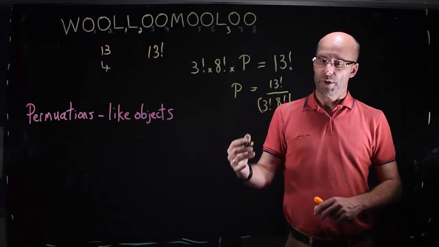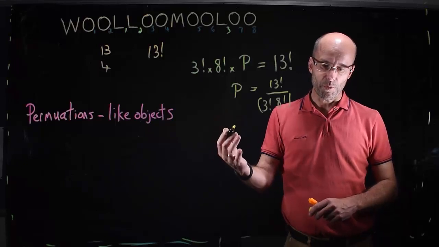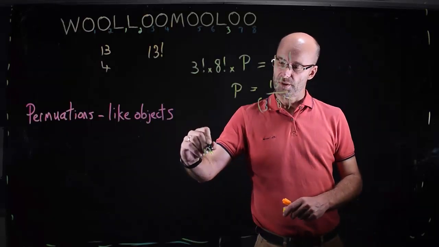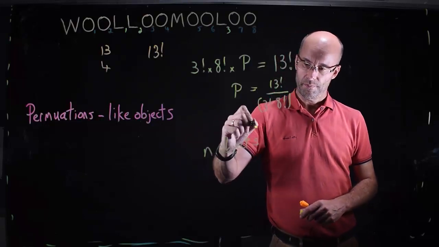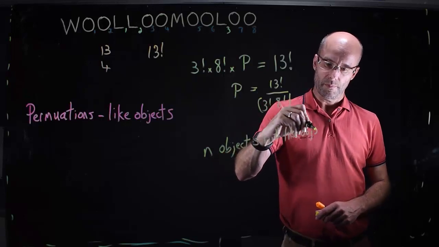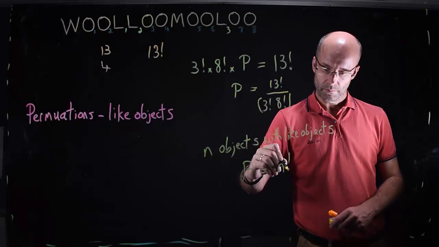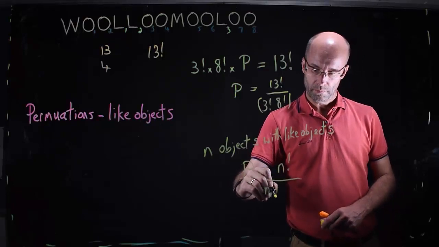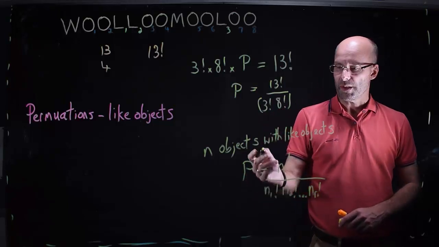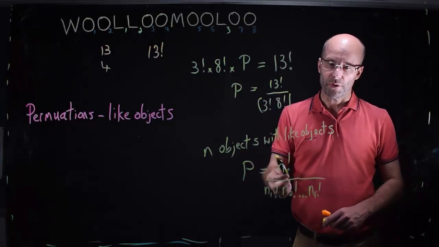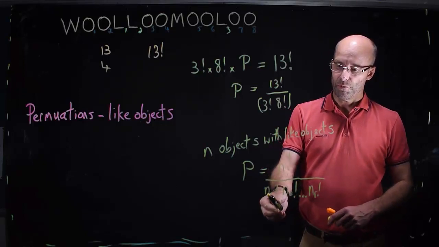In general, when we have permutations of like objects, the number of permutations for n objects has a general formula. So that means for the total number of objects, it's that number factorial over repeating objects.